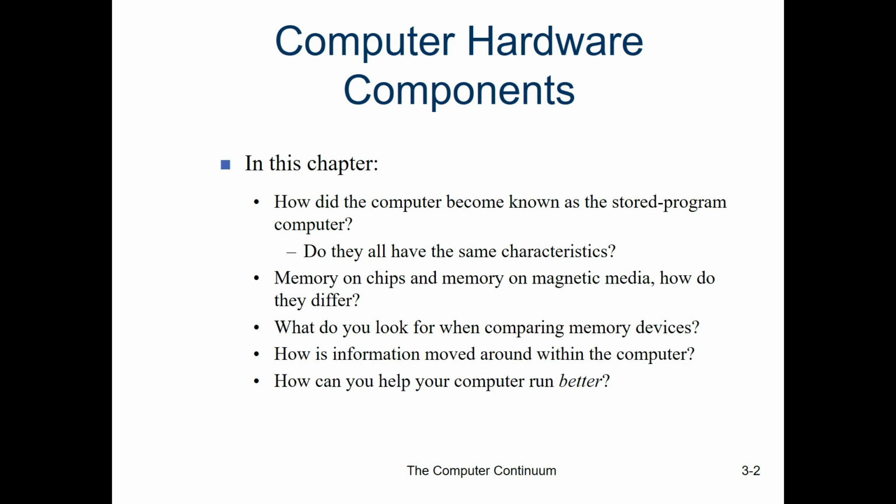Mostly we don't use magnetic media so much nowadays, because memory on chips has replaced all of it. Now we have SSDs and such, which have replaced the magnetic storage types we had, like DVDs and CDs.